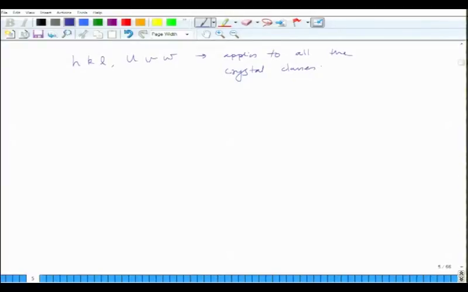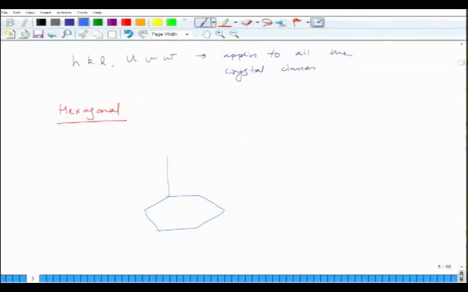In case of a hexagonal system, we can also evolve a new system. Hexagonal also follows this system, but because of the geometry of the hexagonal system, it is something like this.